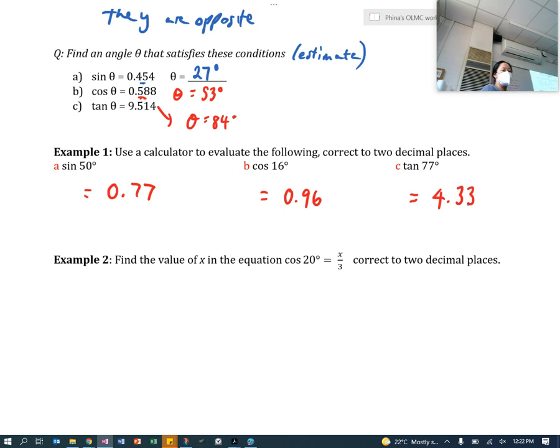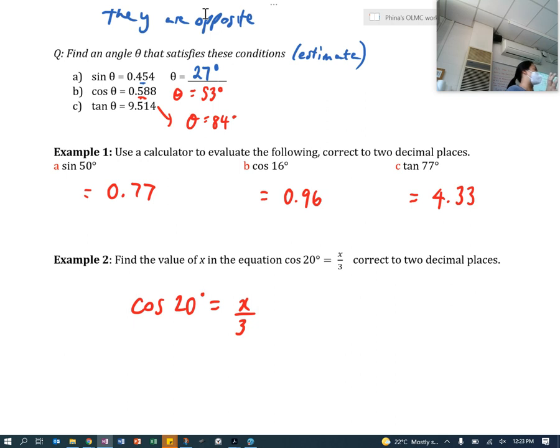Now, example 2. It says find the value of x in the equation cos 20 degrees equals x over 3, correct to 2 decimal places. I'm just going to write it out a bit bigger. Now this is like solving an equation, but with cos, you treat cos 20 degrees as one entity.